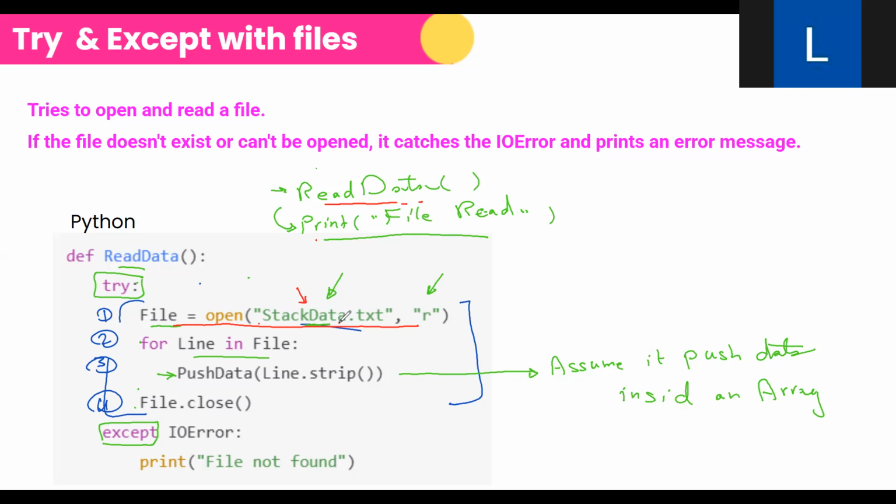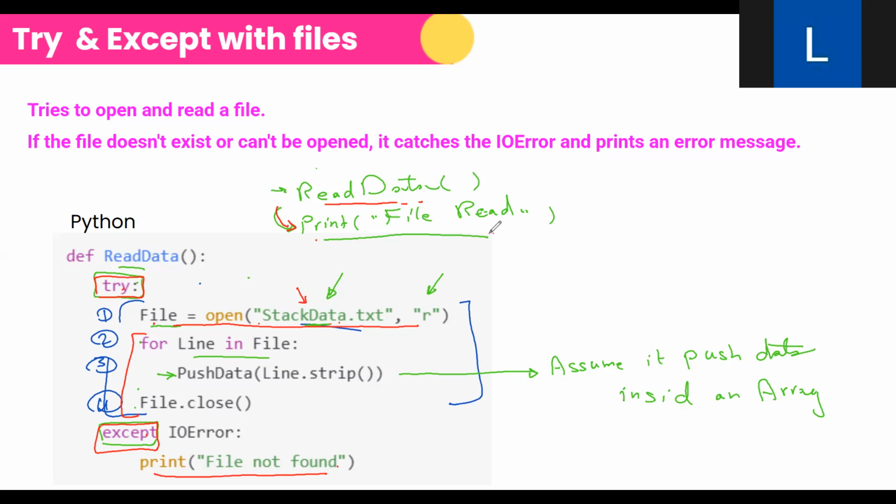So if we don't have this file and we did not use try and accept, this error will cause the program execution to halt. We do not want that. So how do we solve this? By putting try and accept. If he faces an error here, he will not continue these lines. He will just come here, execute that line, which is file not found, and continue the execution of the remaining part of the program.